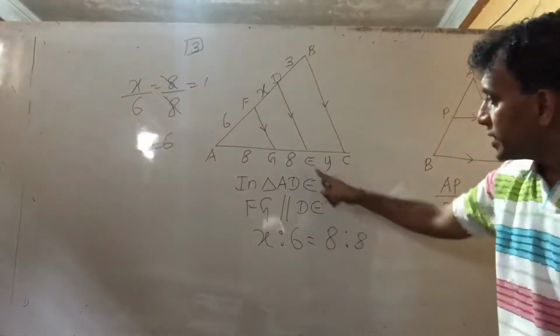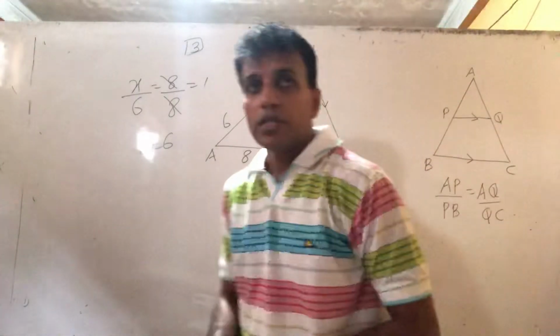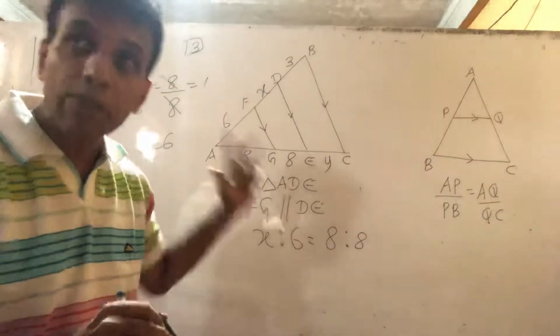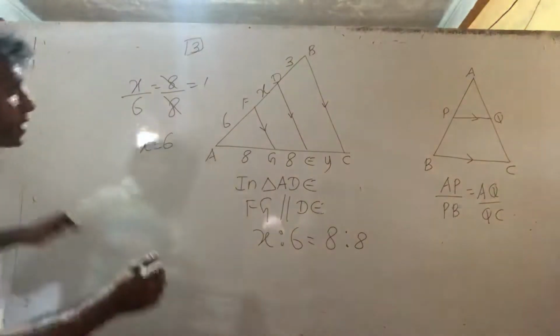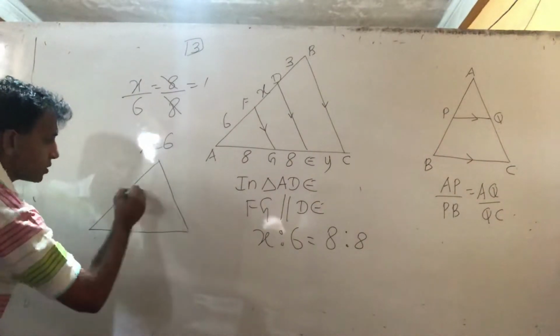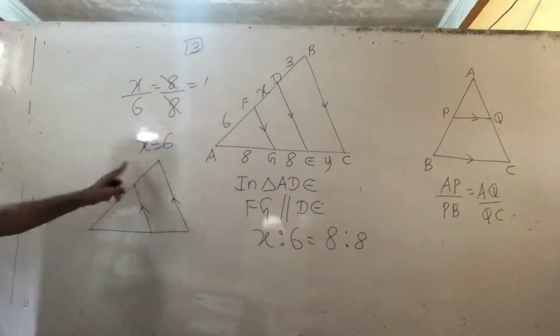Now come to the EC answer, the y value. Decide on a suitable triangle. There are so many triangles and so many parallels, so write the proportion. It is better to show a different diagram for that. Here I take these two parallels.